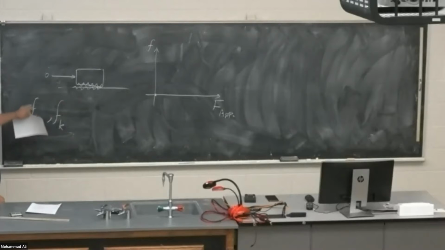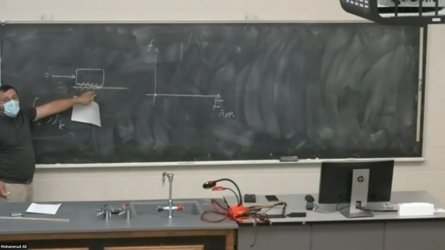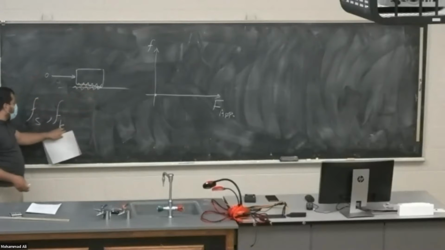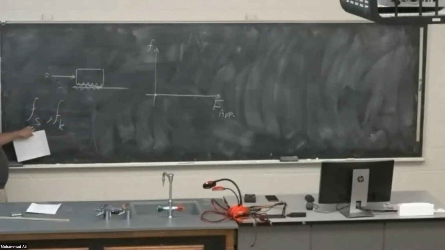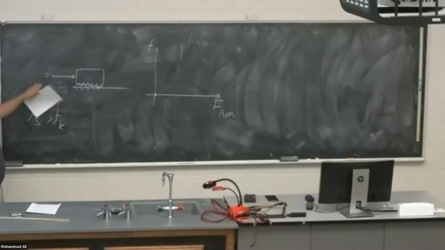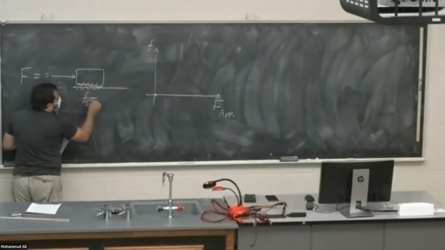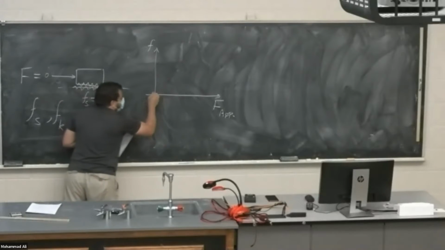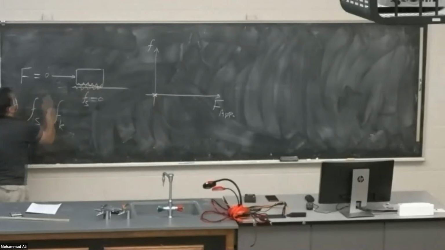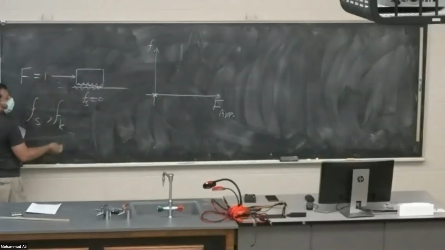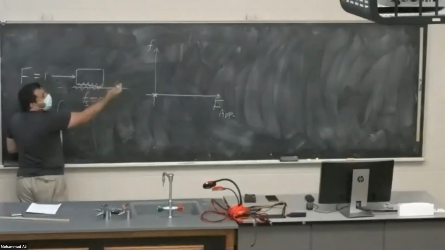Look at this. If I have a stationary object, we don't have any kinetic friction force. Now we have stationary. With zero force, I have zero frictional force. If I increase it by 1, for example, it will not start moving.